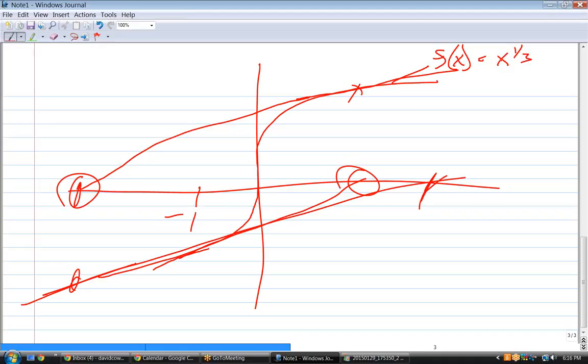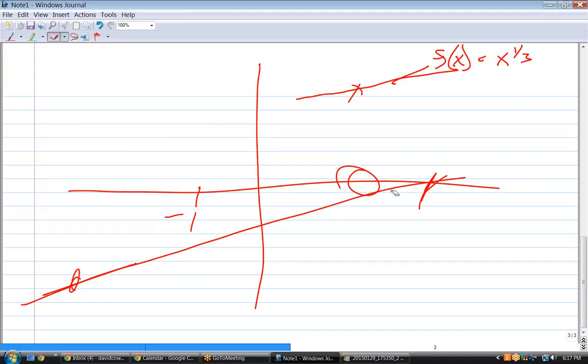As x goes to infinity, this slope gets closer and closer to 0, which means if you extend that tangent line all the way to the x-axis, it's further and further away from x equals 0. So with this particular function, Newton's method does not work at all. And it does not converge.